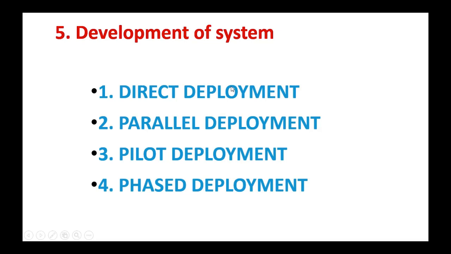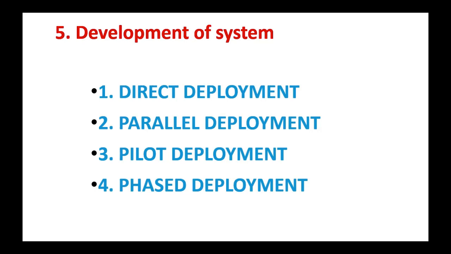I install, that is what is called removing the old system, that means the manual system, and I directly install the new system. Parallel deployment is when both systems carry on for some duration. Pilot deployment is testing deployment.